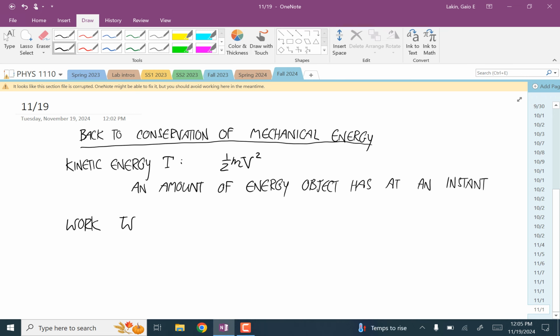The work, capital W, is a change in energy. So that's not an amount of energy that a thing has. It's how much the energy changes over some time interval.